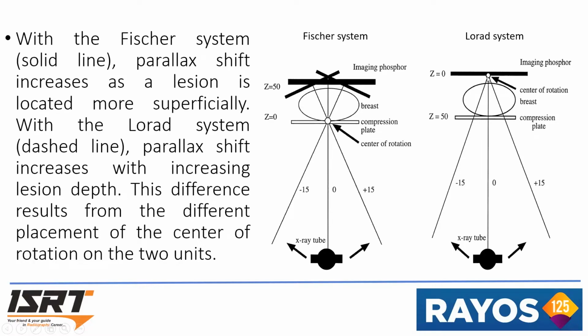So with the Fischer system, the parallax shift increases as the lesion is located more superficially, and with the Lorad system, the parallax shift increases with increasing lesion depth. This difference results from the different placement of the center of rotation of the 2 units.